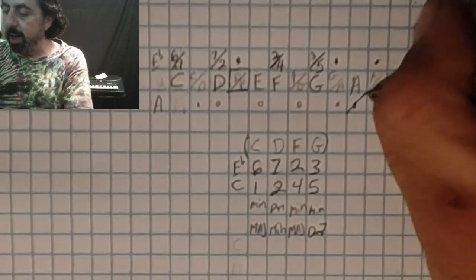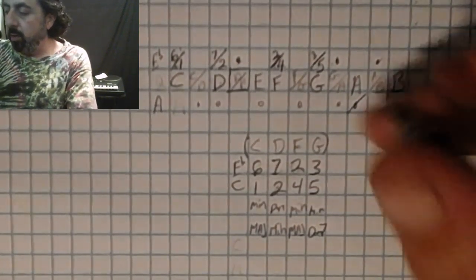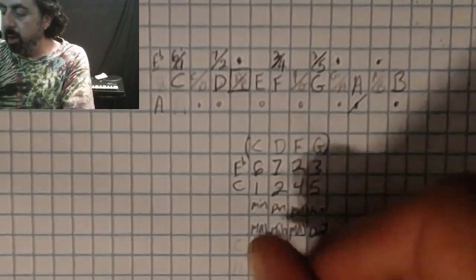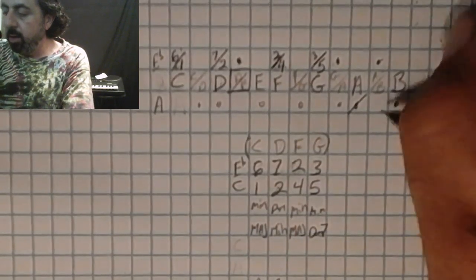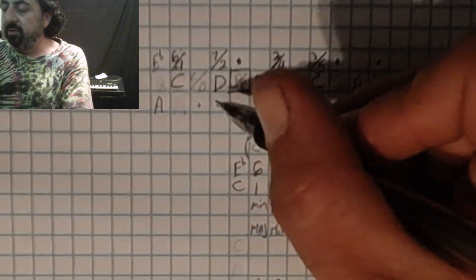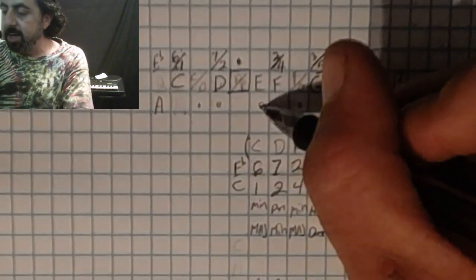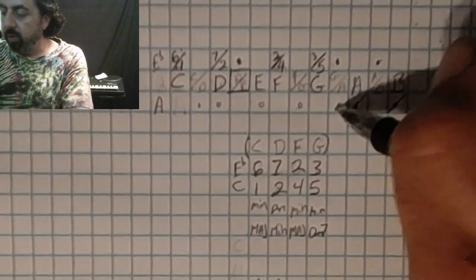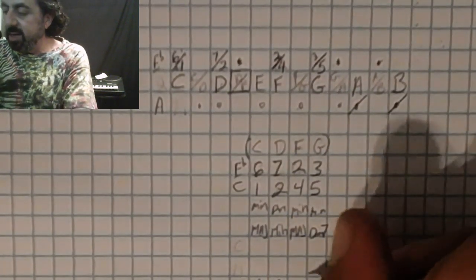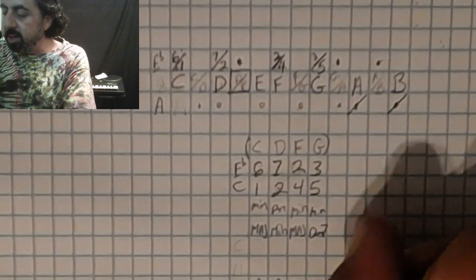It's the A, the B, put a line there, and then skip the C, we've got the D and the E. What do you know? Those are the only notes that share. A, B, D and E.